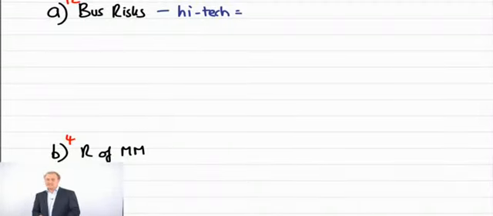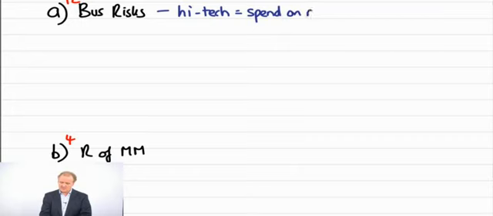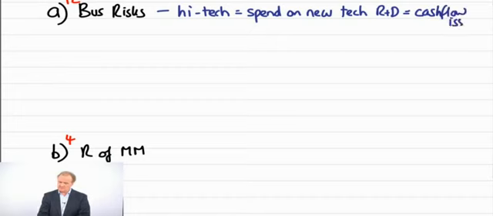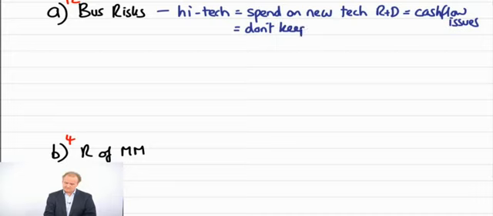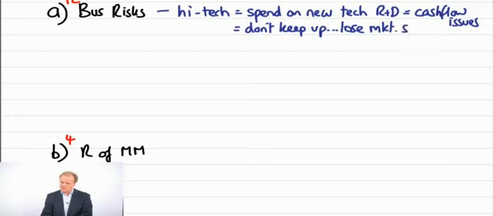In a high-tech industry, you have to spend on new technology, research and development, and that can cause cash flow problems. Potential damage to company. Also, if you don't keep up, you will lose market share.